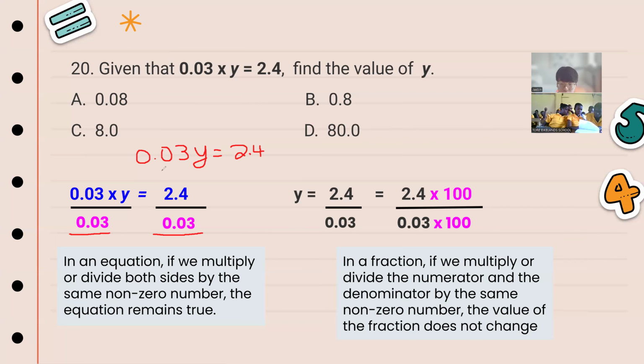We can divide by 2 or by 100 or by any number, and the equation remains the same if we divide both sides.